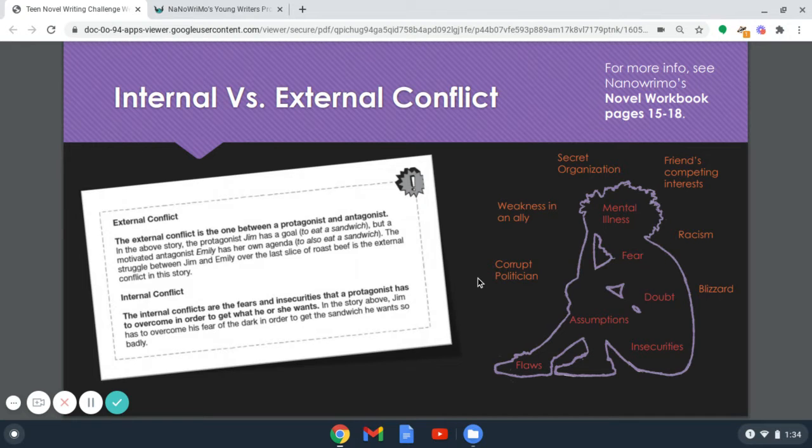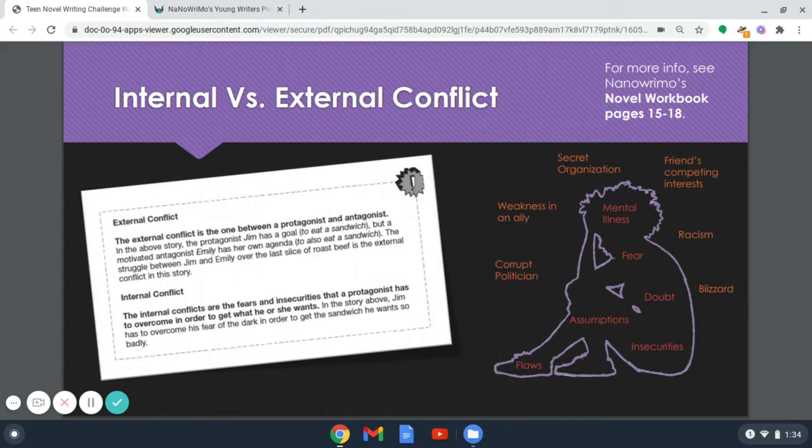So external conflict is anything that happens between a protagonist and an antagonist, or anything on the outside. So you're talking about your protagonist versus a corrupt politician, or your protagonist who has a conflict with a perceived weakness in one of their allies, or your protagonist against a secret organization, coming into conflict with a friend's competing interest that gets in the way of their own interest.